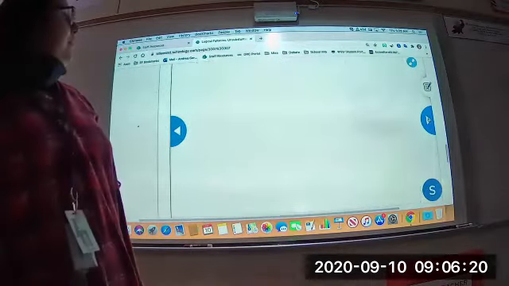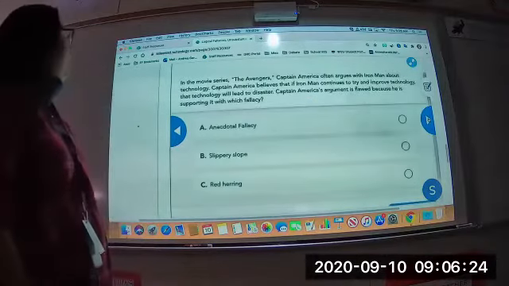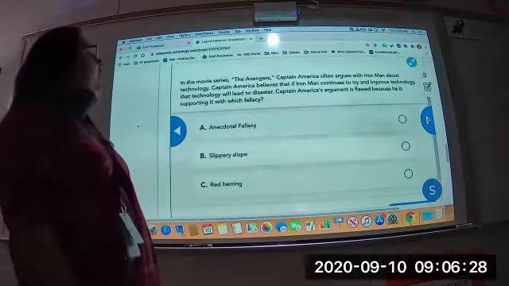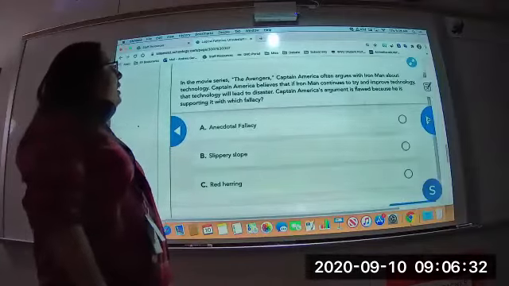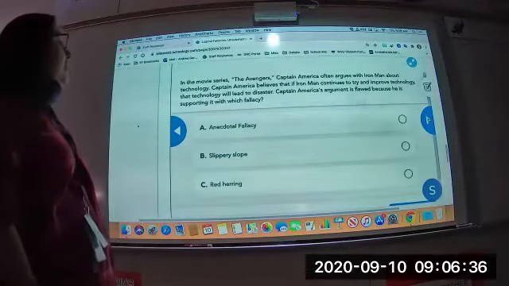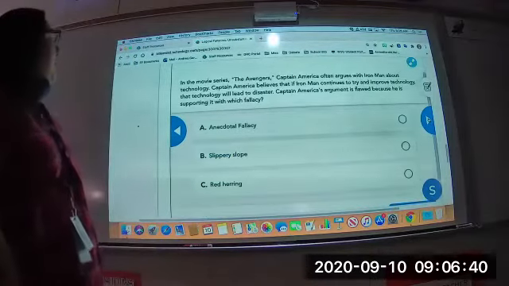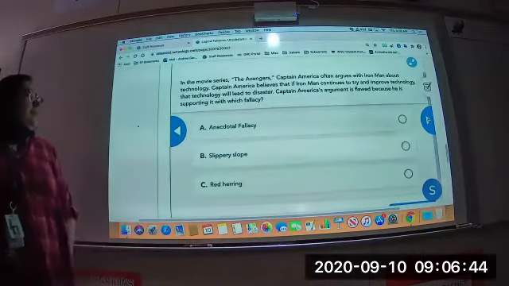especially women. So, poll. In the movie series The Avengers, Captain America often argues with Iron Man about technology. Captain America believes that if Iron Man continues to try and improve technology, that technology will lead to disaster. Captain America's argument is flawed because he is supporting it with which fallacy?